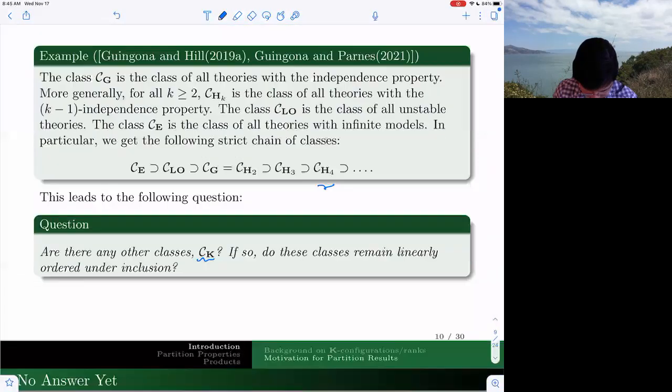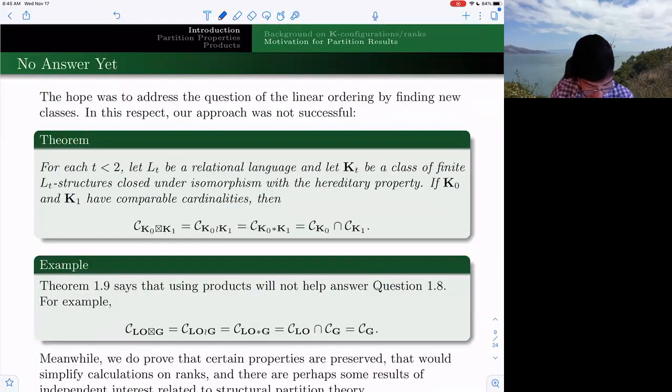Well, I guess I'll burst the bubble at the beginning that there's no answer yet, because we looked at some products on classes, but they're just giving intersections of classes in this order. So for example, if you're thinking, how could I put linear orders together, if you admit a linear order and a graph relation, could you find something different with these products?